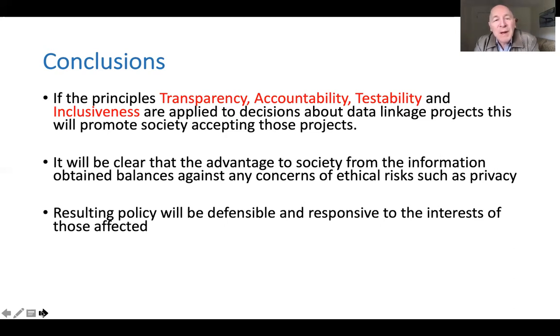It will be clear to society the advantage from the information obtained would be well balanced against any concerns of ethical risks such as individual privacy concerns. And we must do this to promote the public utility of data linkage. Resulting policy would be defensible and clearly responsive to the interests of all those affected.